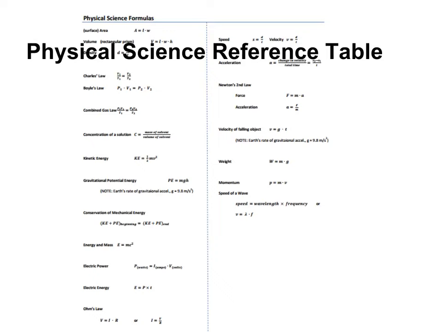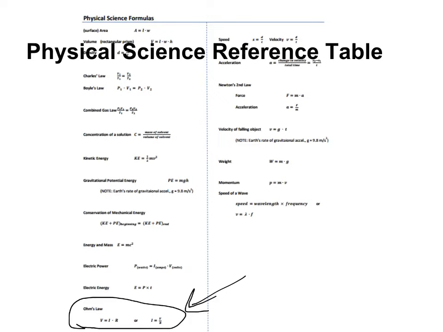So let's take a look on our physical science reference tables to see where we're going to be focusing our attention. On the back of our reference tables, at the very bottom, we see this equation here. That's our Ohm's Law equation.